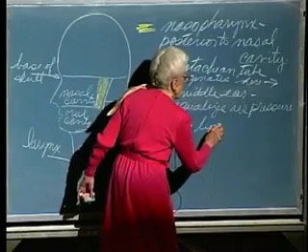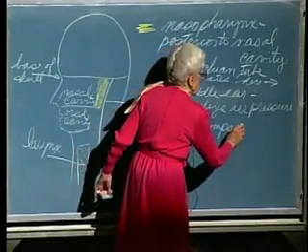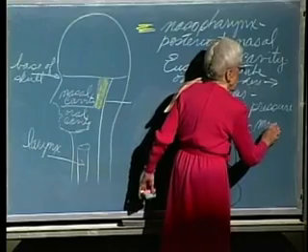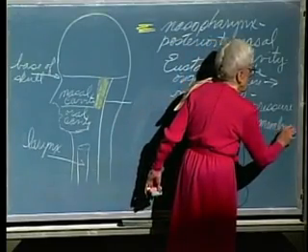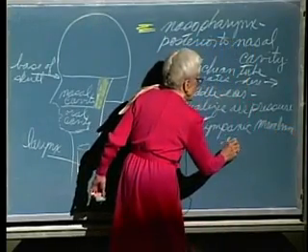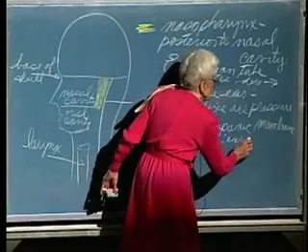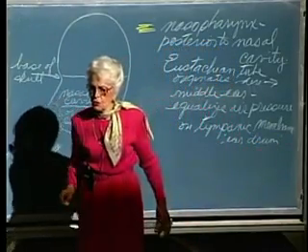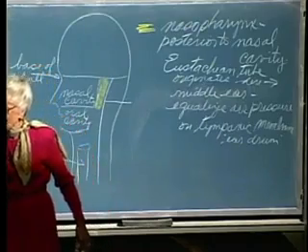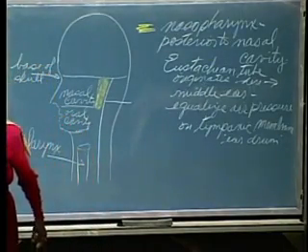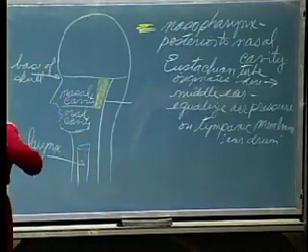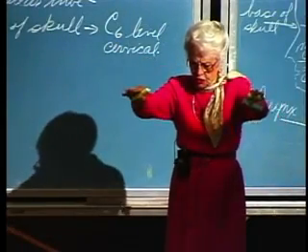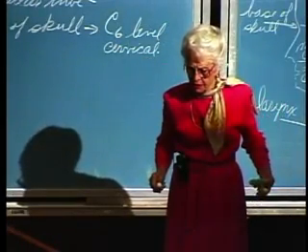Tympanic membrane, that's the official name for the eardrum. So you know that when you're in a plane and you want your ears to pop, so to speak, you yawn. How do you get that air in there? It comes up through your mouth, your oral pharynx into your nasal pharynx, your eustachian tube into your middle ear. All right?